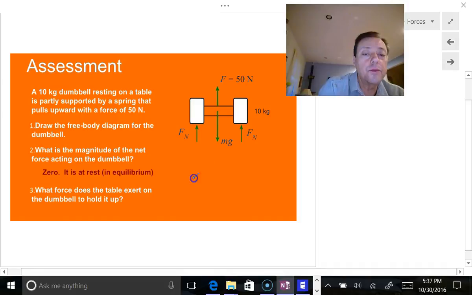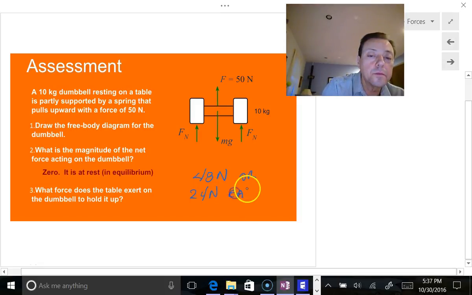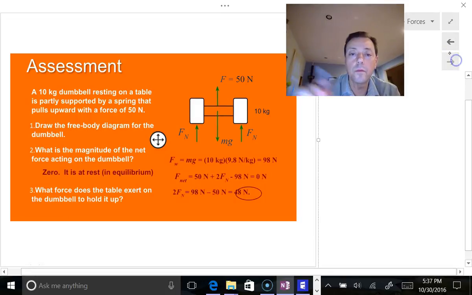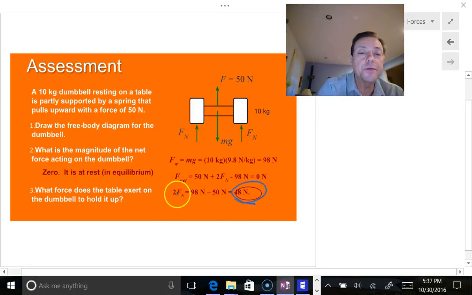It's a total of 48 newtons, or 24 newtons for each side of the dumbbell. Here's the total, 48, and that's for 2 times the normal force. And if we divide that by 2, we get a normal force equals 24 newtons.